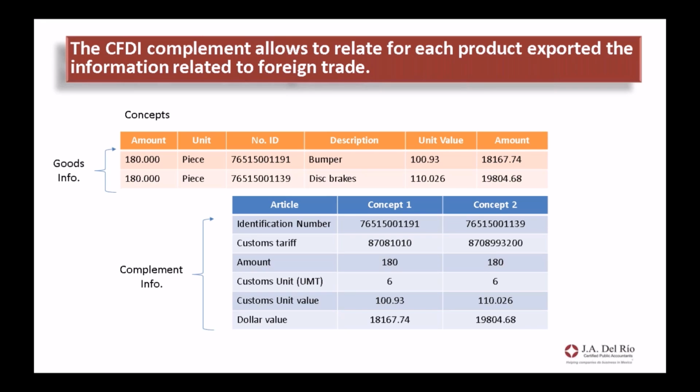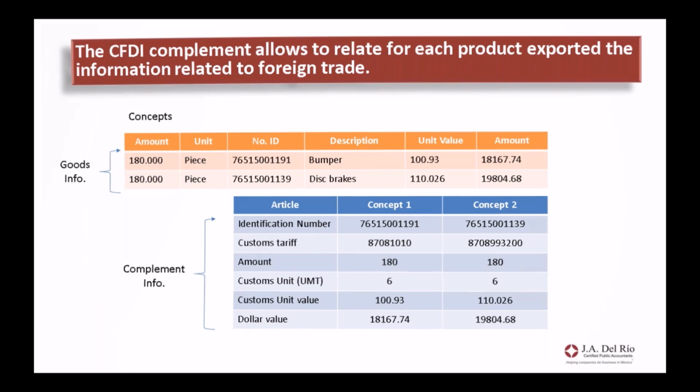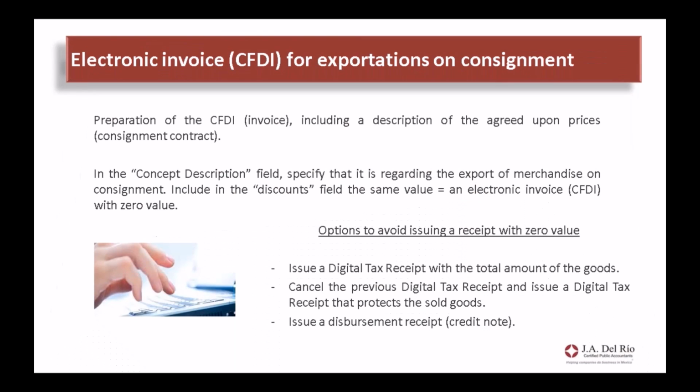And this identification number mentioned here in the complement has to be provided by the seller. When we sell this kind of item, we have to assign this identification number for each item.